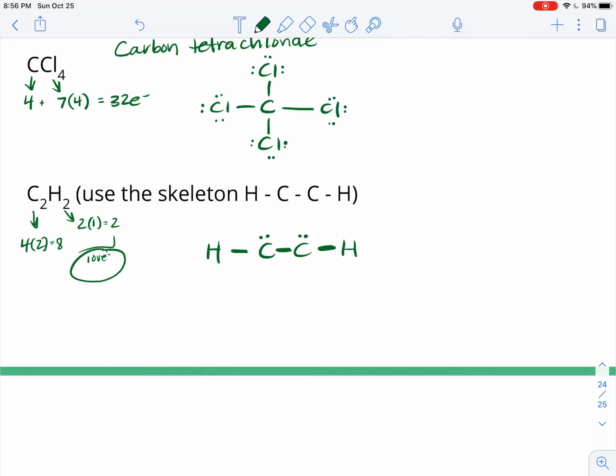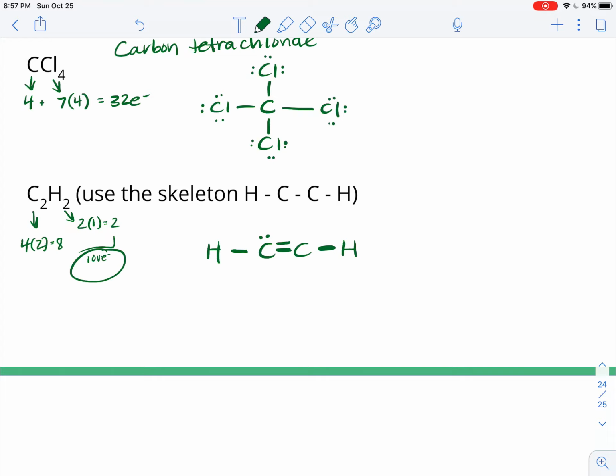But now we need to rearrange them, because if I start counting, they don't have an octet. 1, 2, 3, 4, 5, 6. And the other carbon looks exactly the same way. It only has 6 valence electrons. Remember what we can do? We can take a lone pair off of an atom and share it. So I'm going to erase this lone pair above the carbon here and have it share those electrons instead.